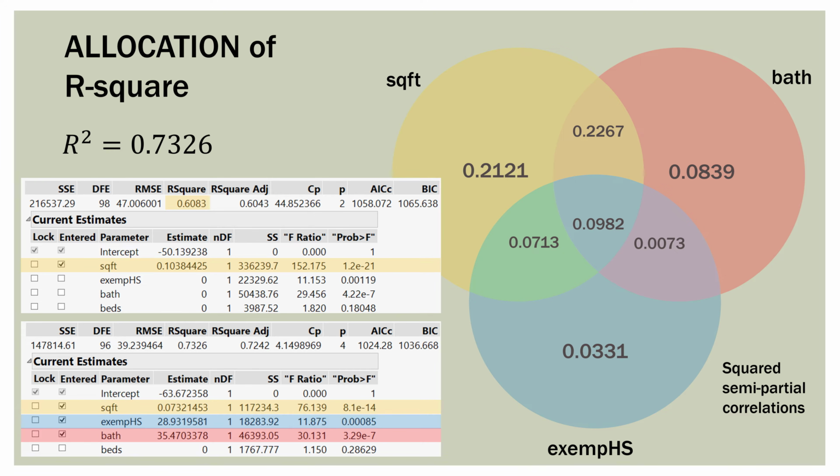It is so cool. So we got all of this just from our generic output here in JMP, but other software programs do the same thing. And we can really begin to understand our model. We can see here that square footage and its combination with number of bathrooms, they overlap quite a bit. So that means there's a lot of relationship between the square footage of the home and the number of bathrooms, which makes sense, right?